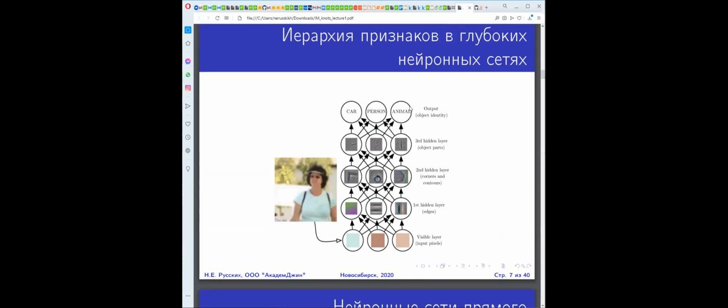Tasks where we do not have a formula for how to derive the output from the input, which is a thing our computers are really good at. Rather, we have a set of precedents, a set of samples with known input and known output, but with a really complex dependence between input and output.